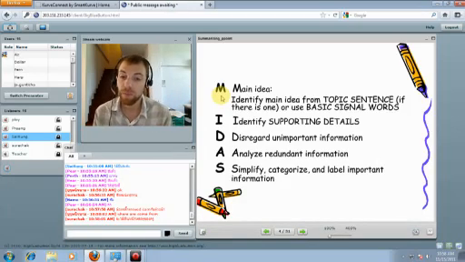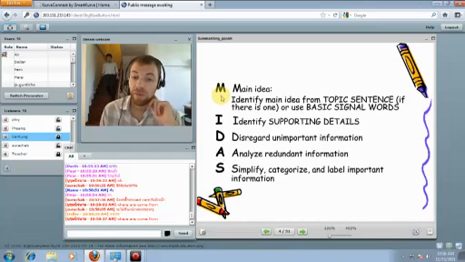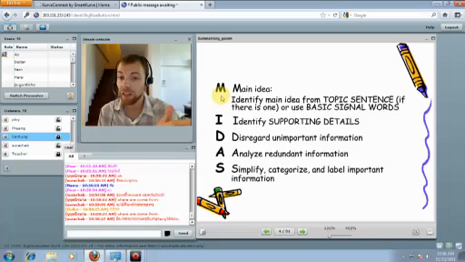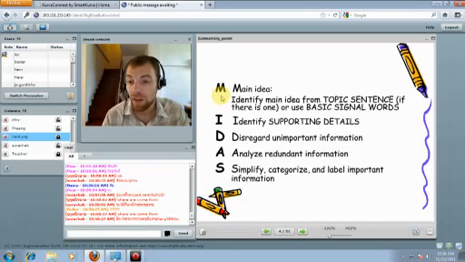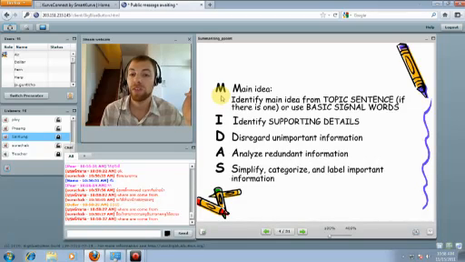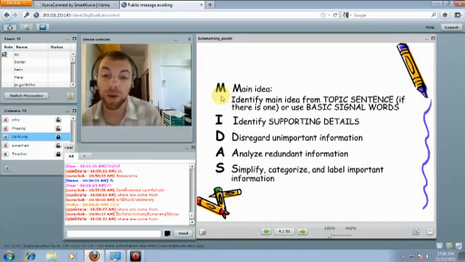And usually in a paper, each paragraph will have a topic sentence, and usually it is the first sentence, because the topic sentence will tell you what this is all about. It helps you prepare for what you are about to read.